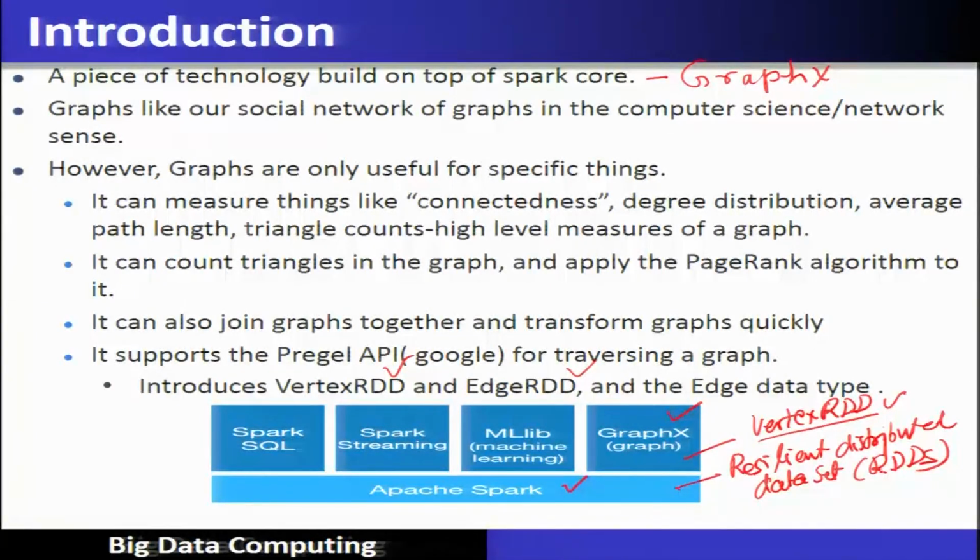Together, these particular components, the vertex RDDs and edge RDDs, are used to construct a graph that is called a property graph in GraphX.